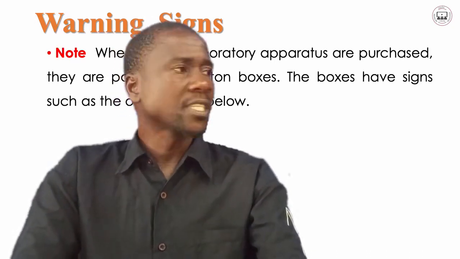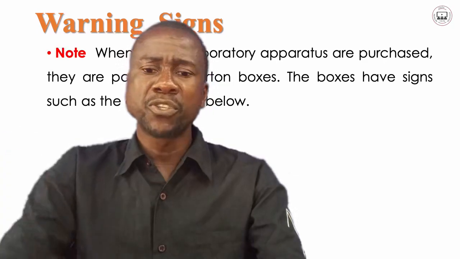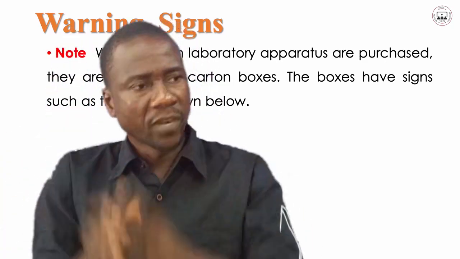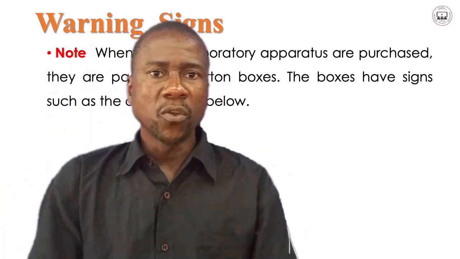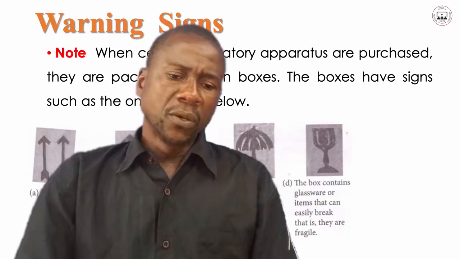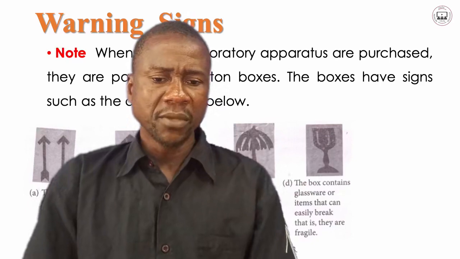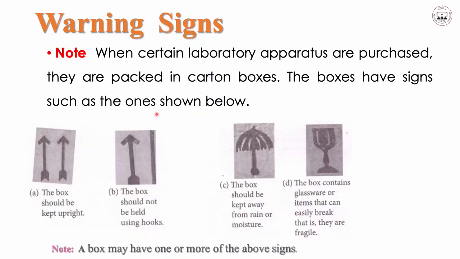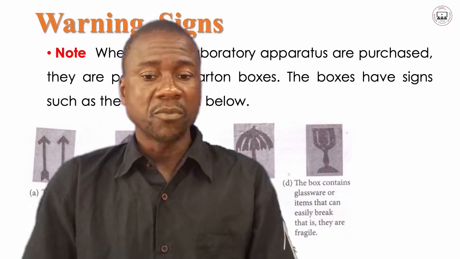You will find those signs on cartons which you use to purchase your items from different kinds of shops. They also communicate something that you need to know. Some you will come to know as you read on every carton that you buy.